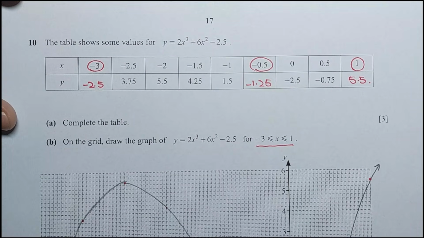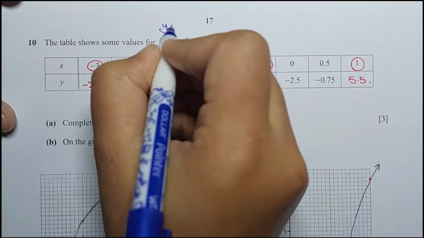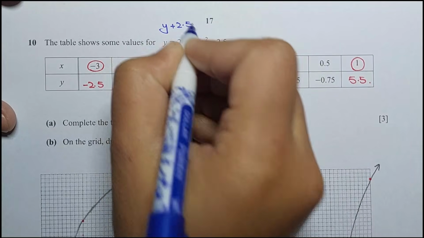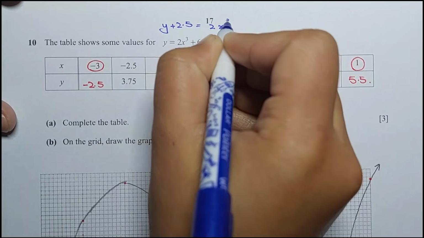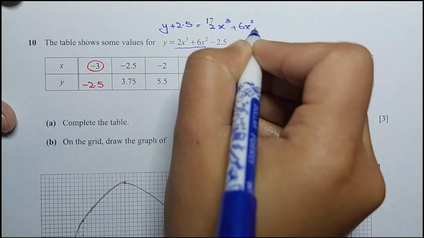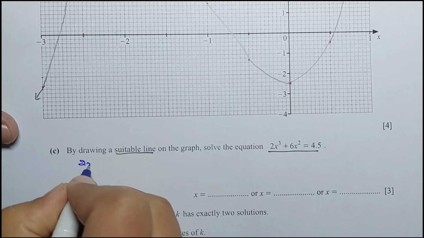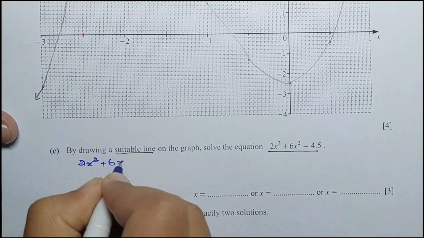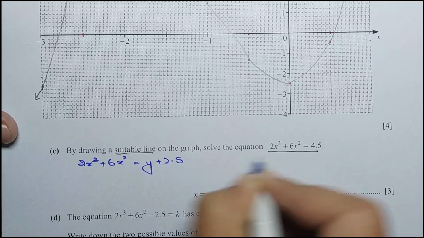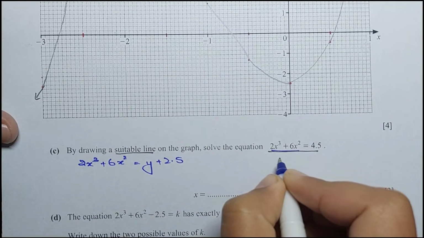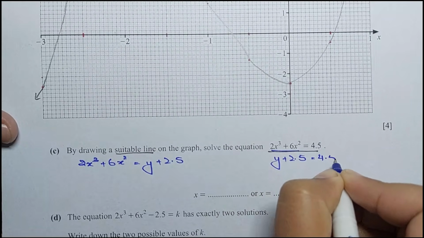When I shift minus 2.5 to the other side of the equality, this becomes 2x cube plus 6x square, which according to the equation given in the question is y plus 2.5. Just substitute this value over here. So this is y plus 2.5 and this equals 4.5.